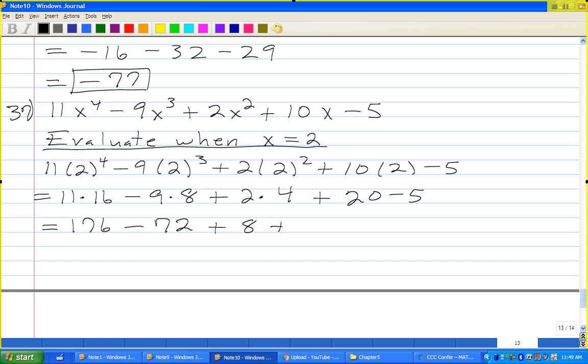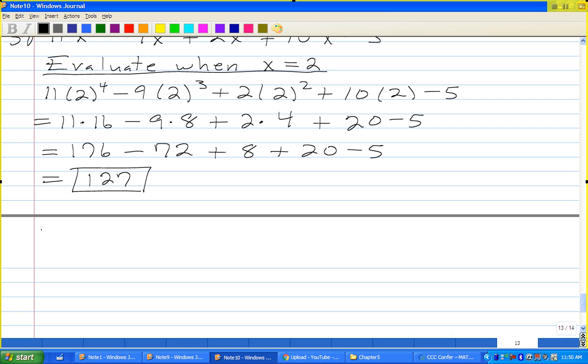Plus 8, plus 20, minus 5. Okay, so let's do this. 176 minus 72, 104, plus 8, 112, plus 20, 132, minus 5, 127.